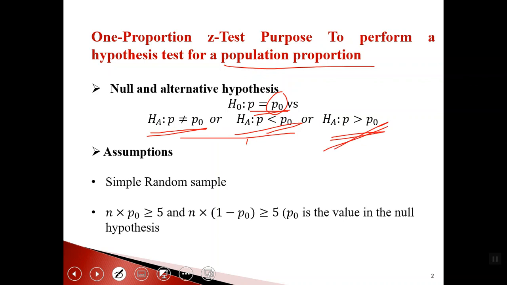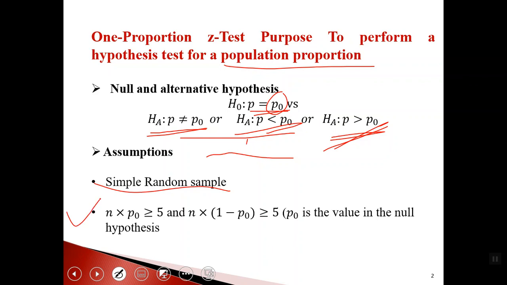As we mentioned in section 11.1, we have two specific assumptions for population proportion. First one is simple random sample. In this section, you don't need to worry about that; you can always assume a simple random sample, so no problem with that.